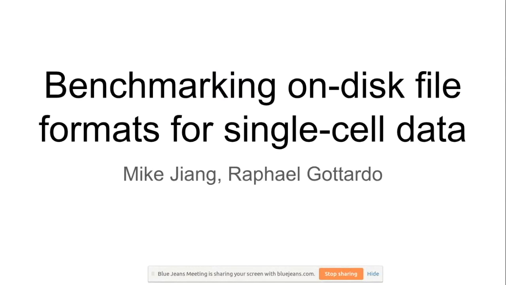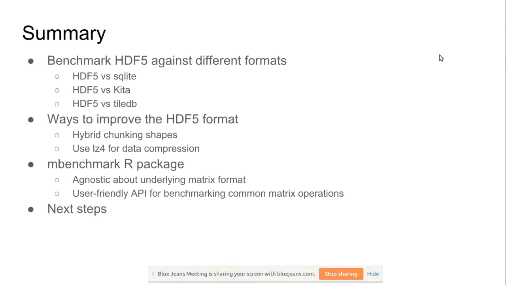So for single cell data, we did some of the benchmarking for the on-disk file formats, and let me move on to the summary. And I think Rafael should be on the call, and he will jump in anytime during my presentation. So everyone's talking about HDF5-based storage, and that's what we are aiming for.